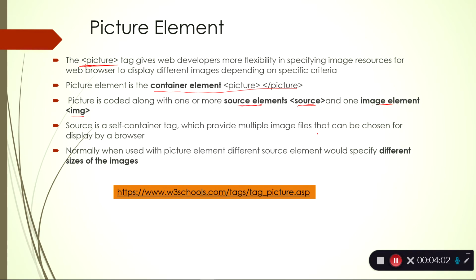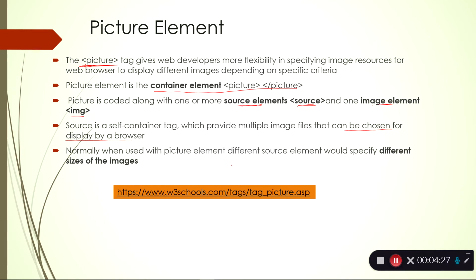The source element will be chosen by the browser. In the source element you will specify different images for different display sizes, and the browser will find out the display size and pick a particular source element accordingly.